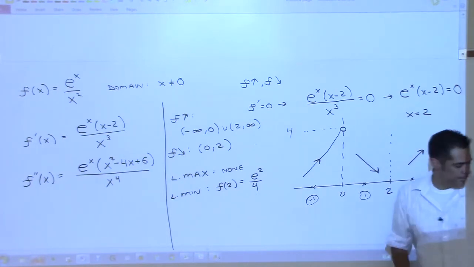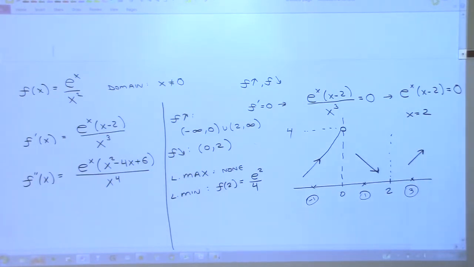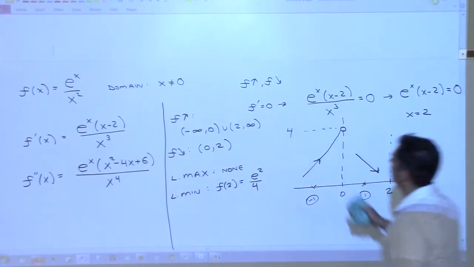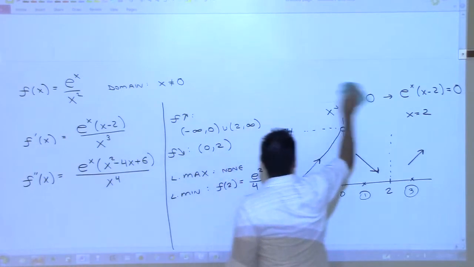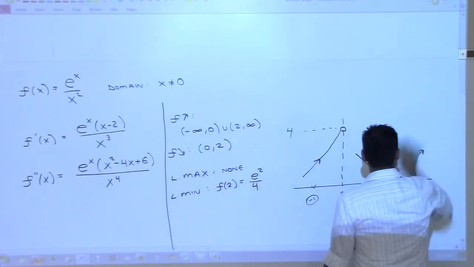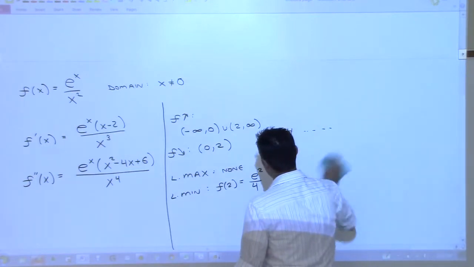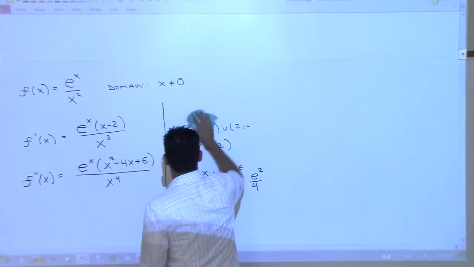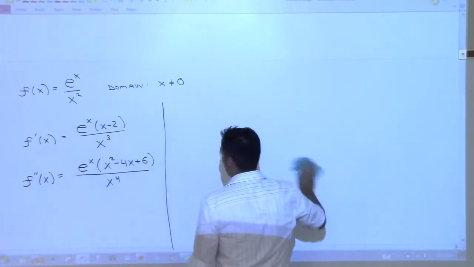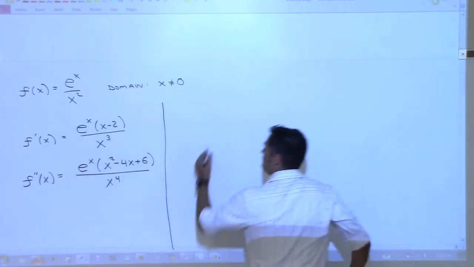All right. Second derivative time. These problems are long, huh? Okay, so the second derivative, I need to set that equal to 0.